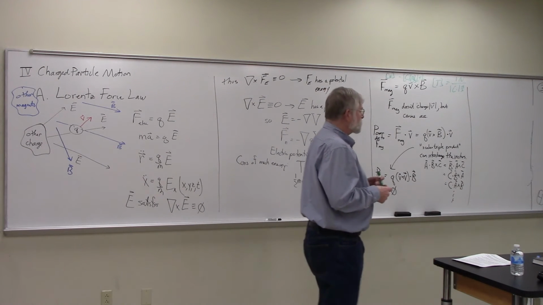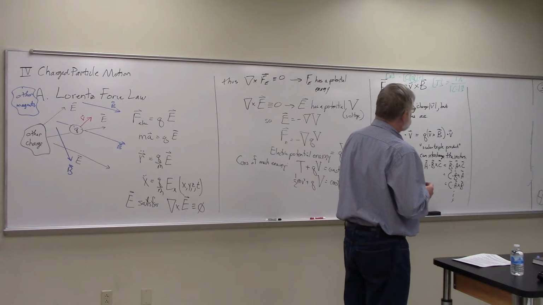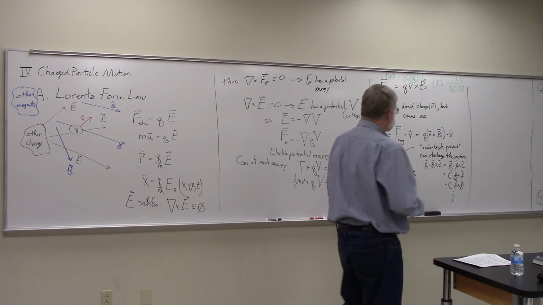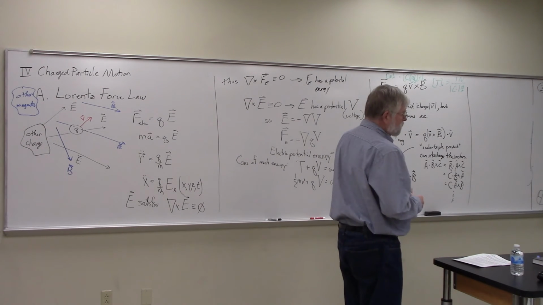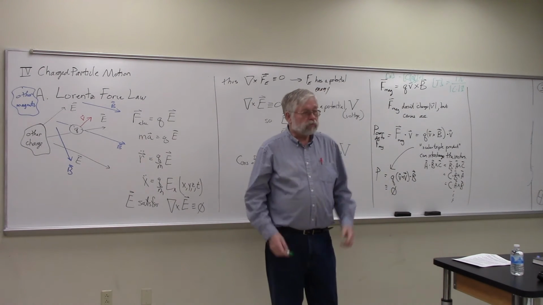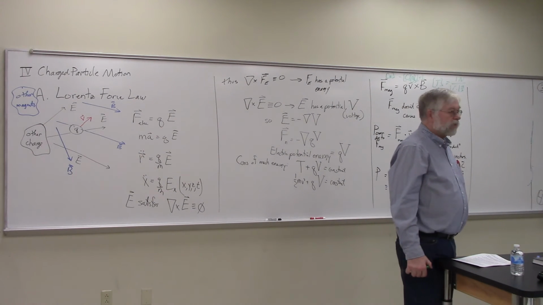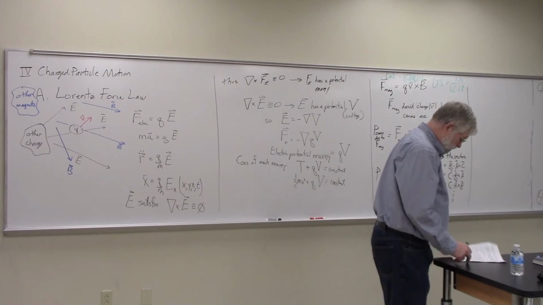Turns out a Tesla has to be a really big unit. And we don't have very many magnets that make Teslas. Tesla is a large unit, as it turns out. And magnets that you'll find in the lab that you'll play with, refrigerator magnets, they're going to be in the neighborhood of a few thousandths of a Tesla, perhaps.